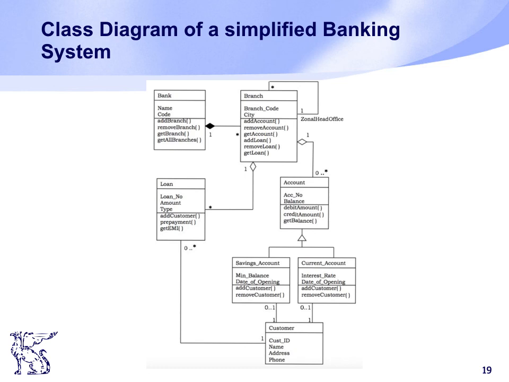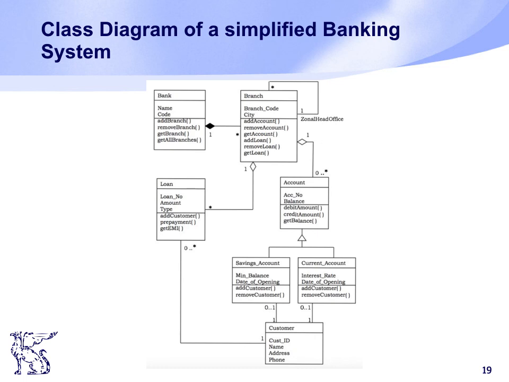And the class account has two subclasses, current account and saving account. Current account and saving account both inherit from the account class, right? The class account has two subclasses, savings account and current account.